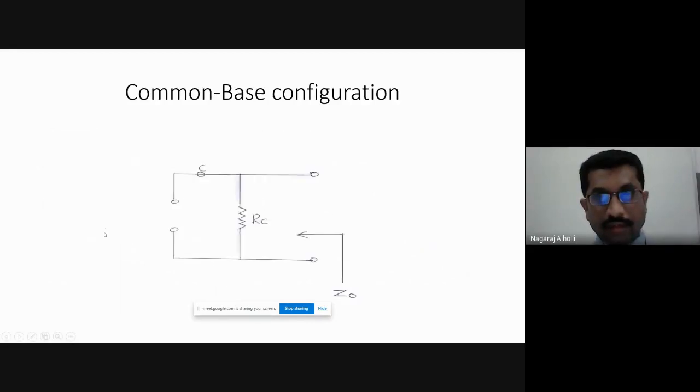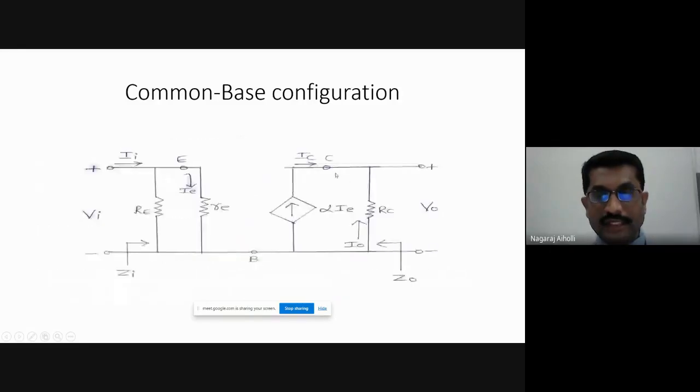But I naught is equal to what? I naught is equal to minus IC. IC is flowing here with no resistance, then here there is a resistance RC where I naught is flowing. Therefore, I naught is equal to minus IC because both are opposite in direction, or IC is equal to minus I naught.